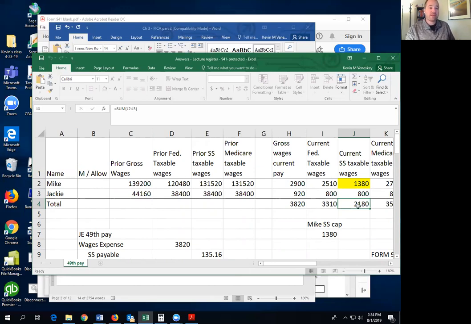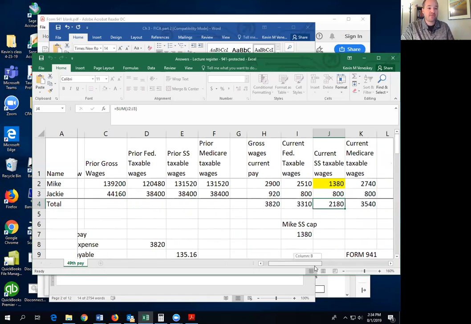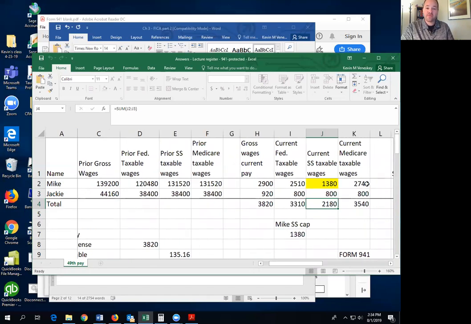I can't do that because Mike's wages for Social Security are going to be 3 different wages, because for weeks 40 through 48, he didn't hit the cap. So he would have been taxed at the full amount, the full $27.40. This current week in 49, he hits the cap. He's right there in the middle, so he's taxed on some.